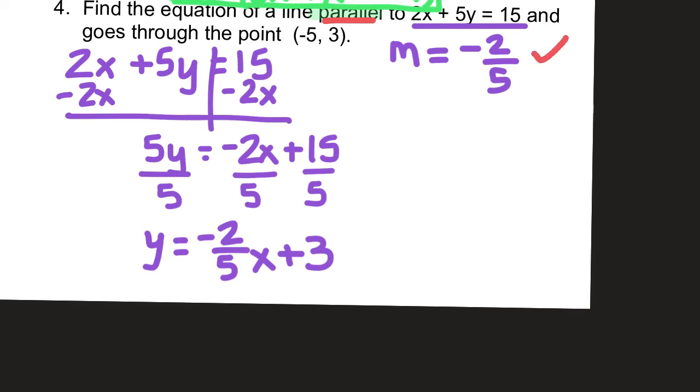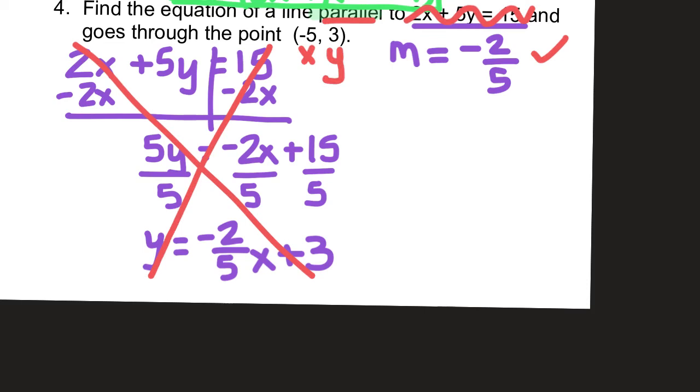Once I have the slope, I no longer need any of this line. But I need to know a point on the line. Now to write the equation of the line, which is what they asked for, I'm going to use the old standard y equals mx plus b. Well, I have an m, a slope, but I need a b.